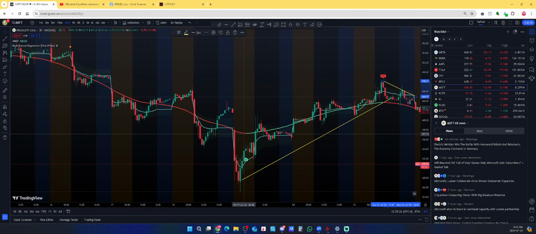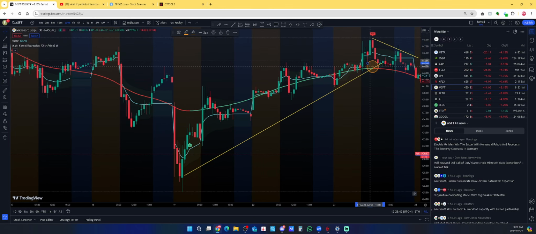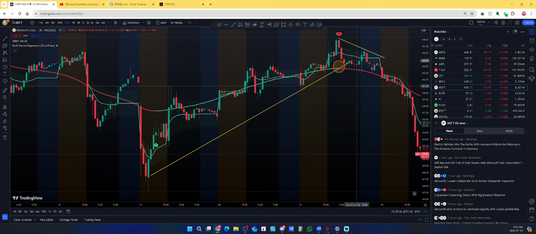Here the trend started reversing upwards. Now we are seeing the conversion again, and the trend is heading down. This means that in this area right here, the trend switched, and now we are heading down.